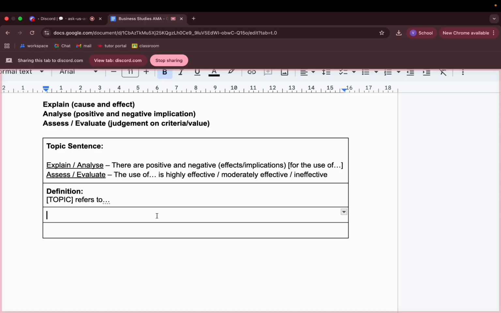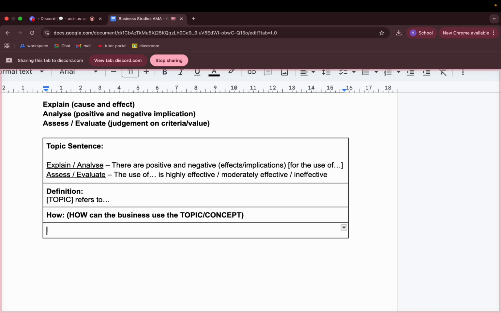Then we go to what I like to call the how. So when I think how, I think: how can the business use the topic or concept? So let's say it's technology. Let's think back to operations. If you guys have done operations, how can a business use technology?